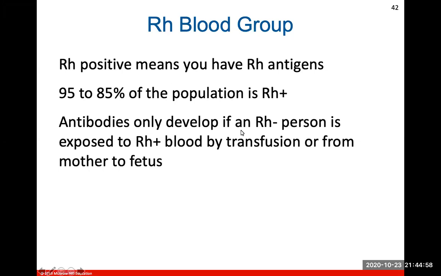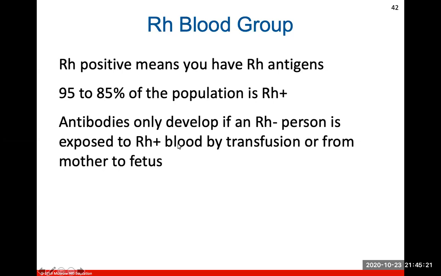Antibodies only develop if an Rh negative person is exposed to Rh positive blood. So, for example, if you are A negative, you will only create antibodies against that Rh factor if you're exposed to Rh positive blood. This can be a little dangerous in pregnancy.